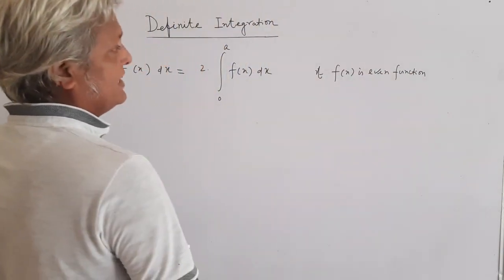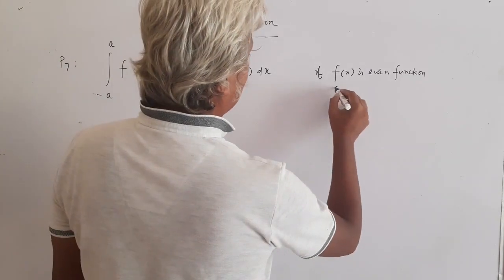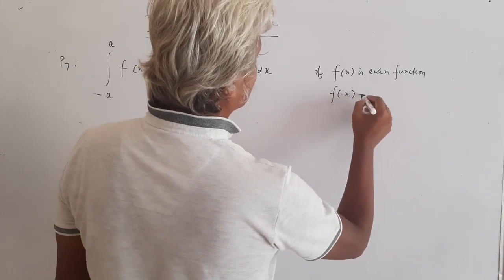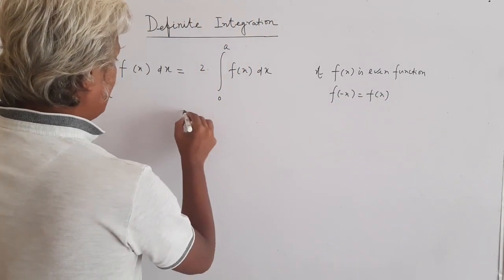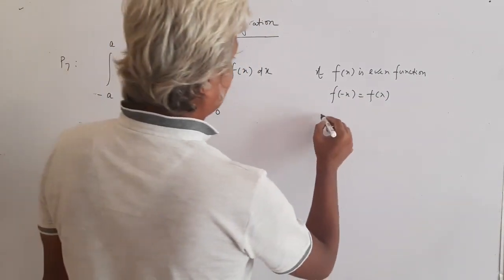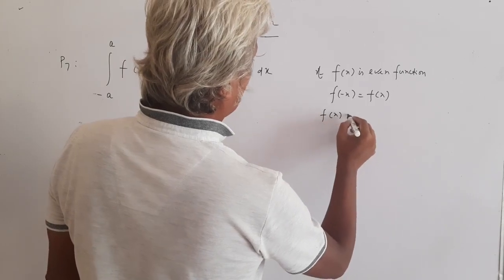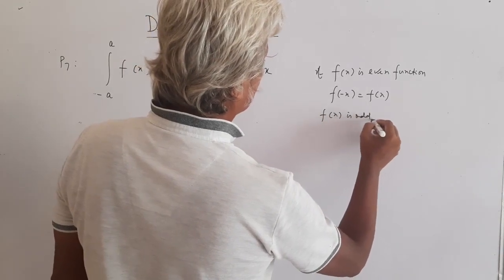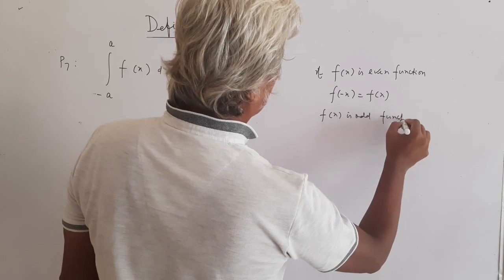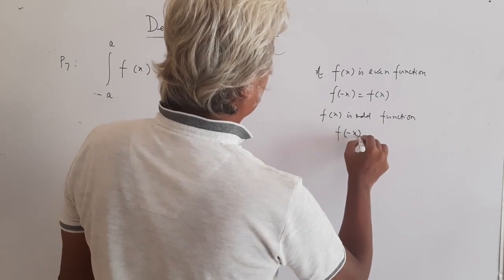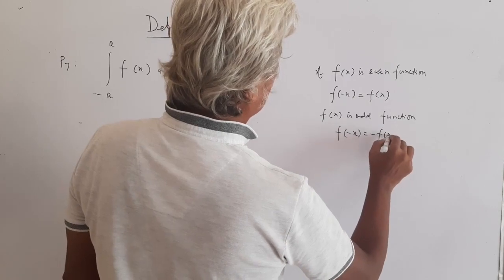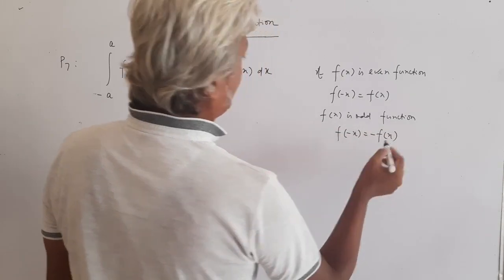Now what is an even function? If f(minus x) is f(x), then it is called an even function, and it is 0 if f(x) is an odd function. Now what do you mean by an odd function? If f(minus x) is minus f(x), then it is an odd function.